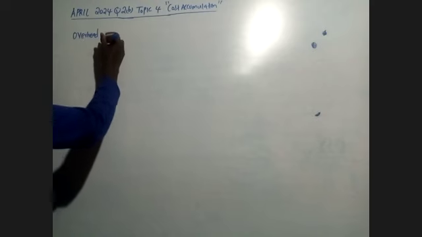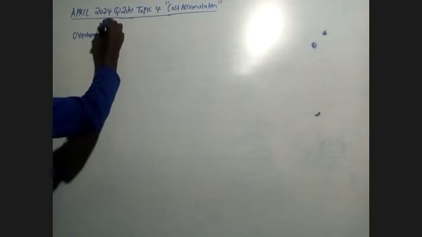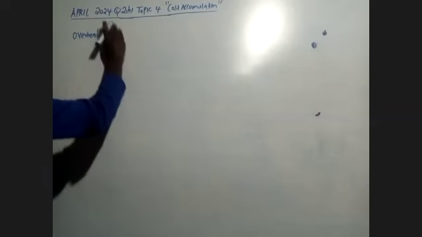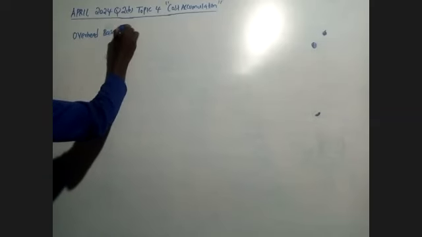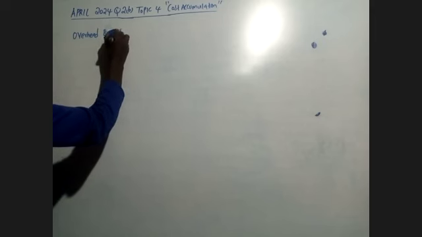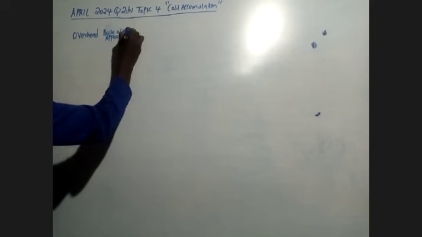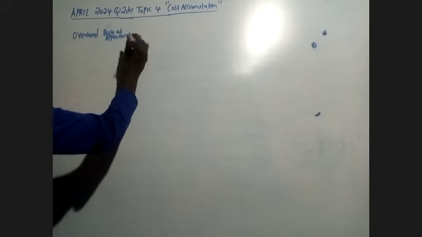Overhead. Then base of apportionment. I hope it is visible, I am writing small.